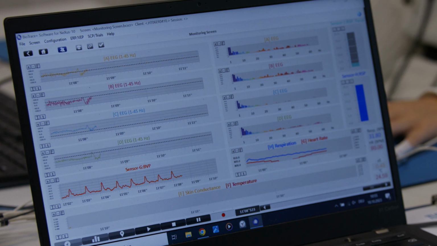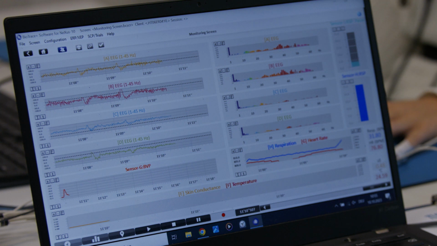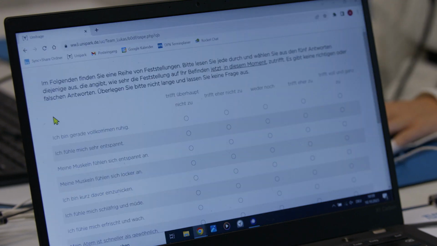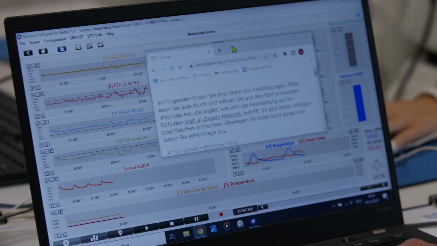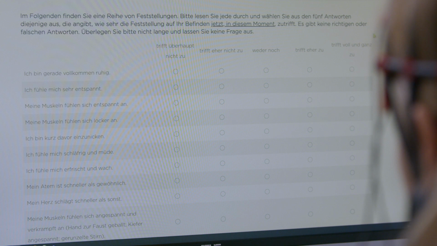And we also want to get a baseline of her sense of relaxation right now, so the subjective sense of relaxation. That's why I'm now dragging this questionnaire over to the second monitor, where she will be filling out this questionnaire.